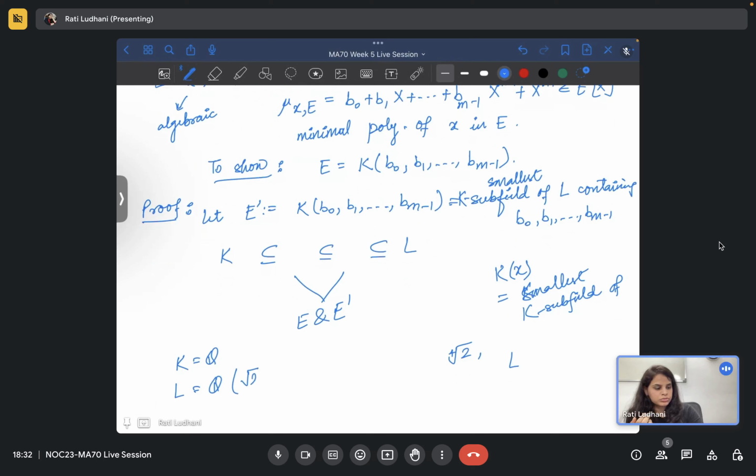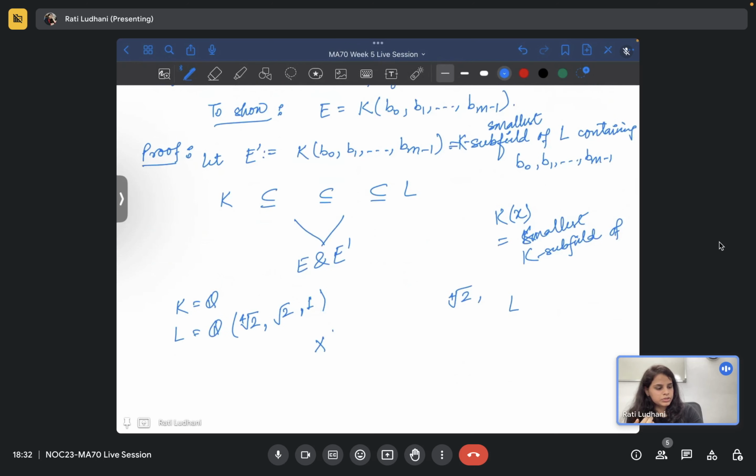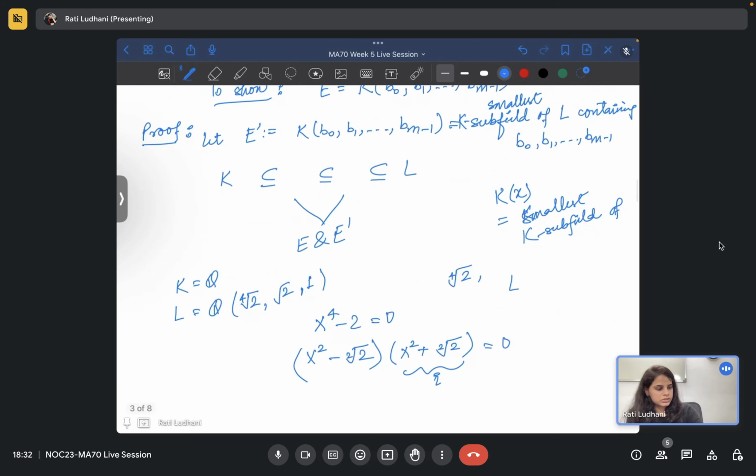Fourth root of 2, okay, and you're saying this. Okay, let's see. What does it mean to have the fourth root of 2? That means what are all the roots it will have? It's like the square root of 2, and x squared plus square root of 2, so here you will get iota also. So it's not all.